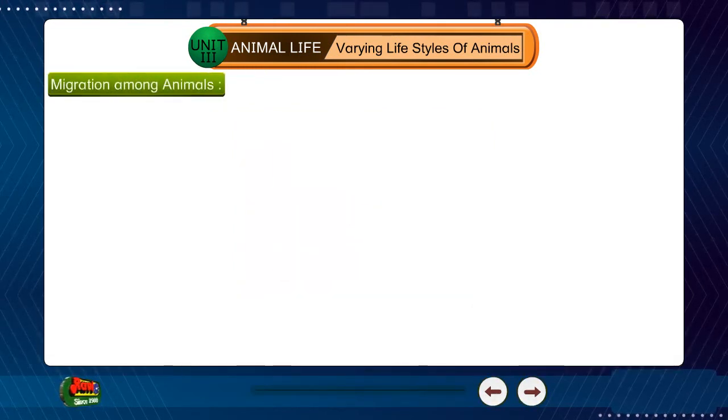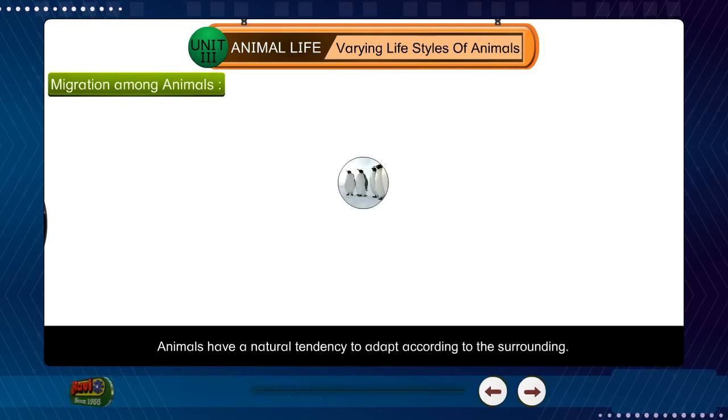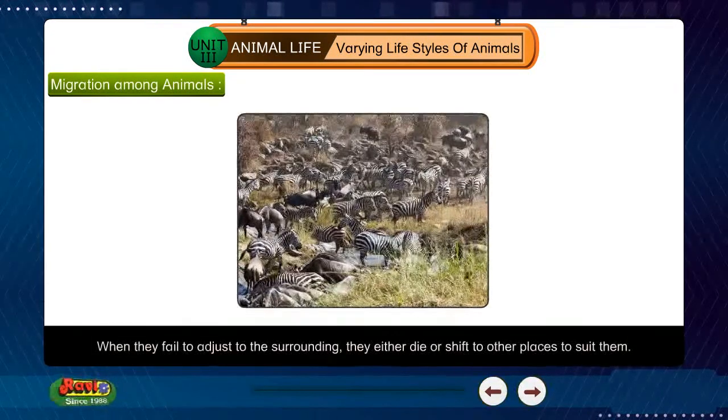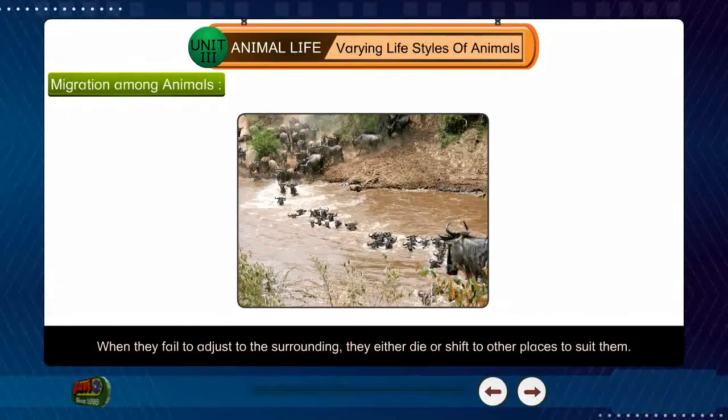Migration among animals. Animals have a natural tendency to adapt according to the surroundings. When they fail to adjust to the surroundings, they either die or shift to other places to suit them.